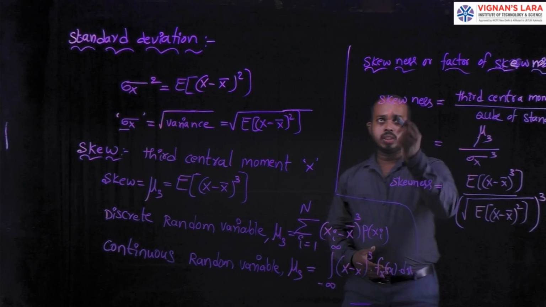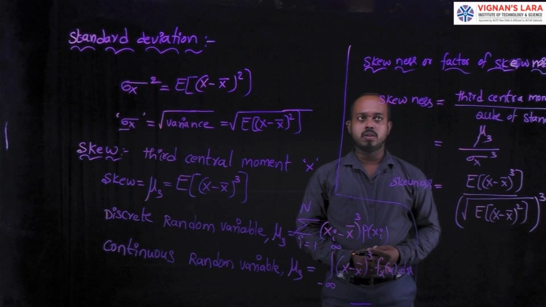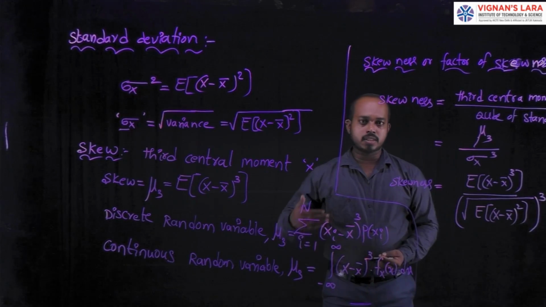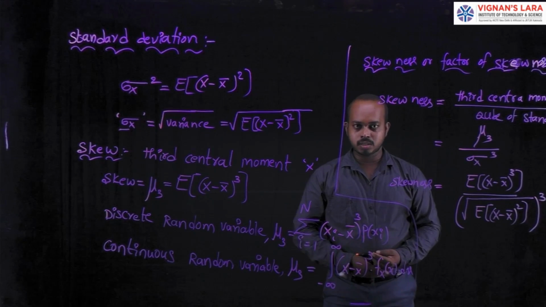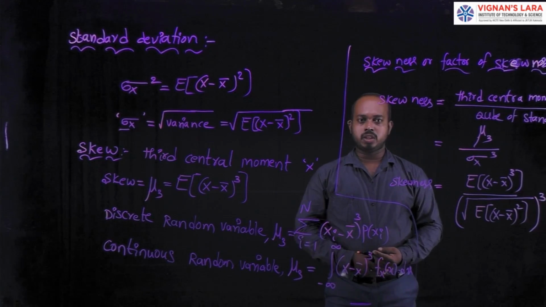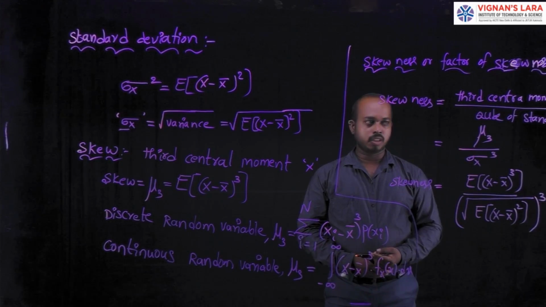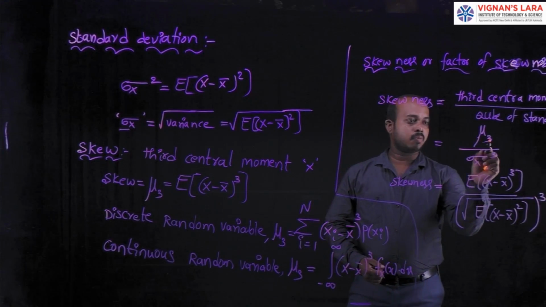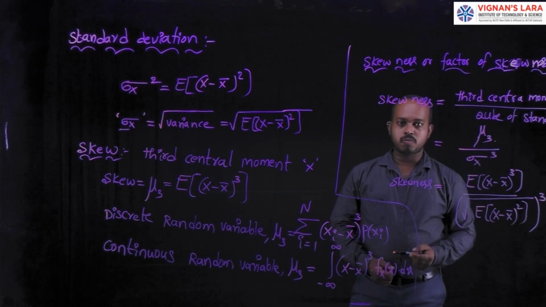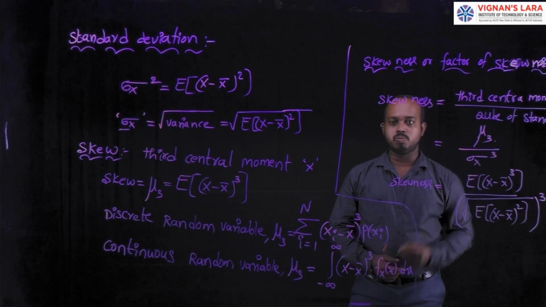Now coming to the third one, the skewness. Skewness, or the coefficient of skewness, we can easily obtain by taking the ratio of the third central moment of a random variable x and the cube of the standard deviation. Here I am representing the third central moment notation, and in the bottom I am writing the standard deviation as sigma x cube.